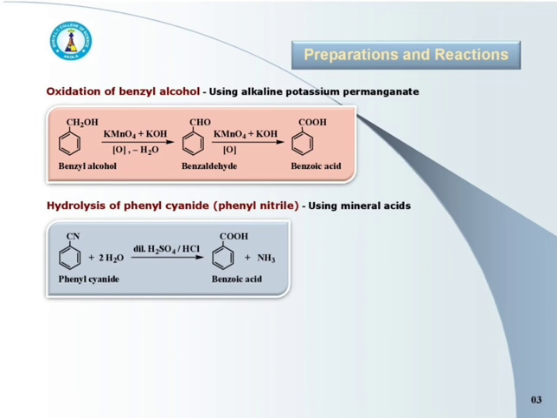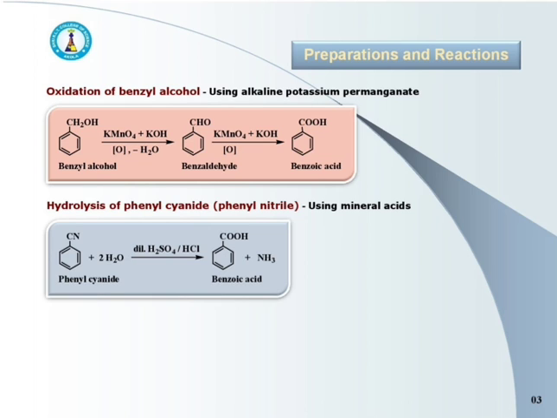Initially, the CH2OH group gets oxidized to CHO and then to COOH. That is the conversion of benzyl alcohol to benzaldehyde and then to benzoic acid.